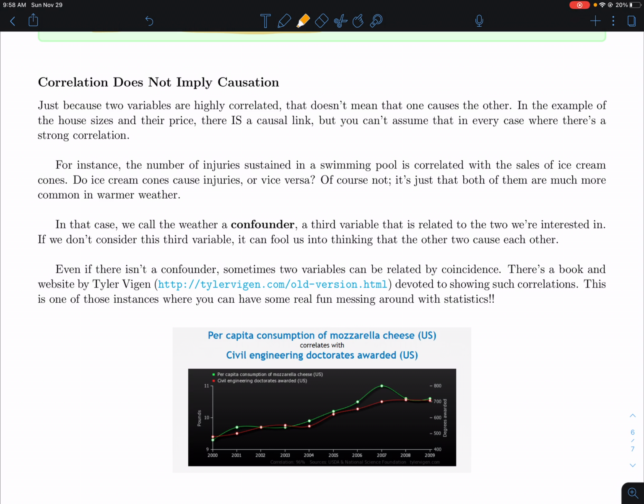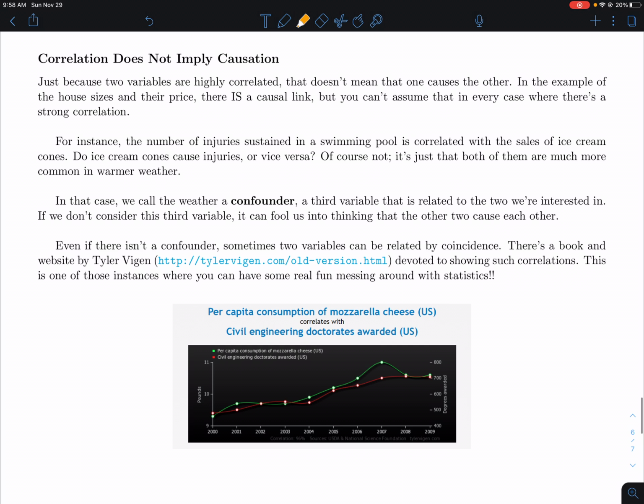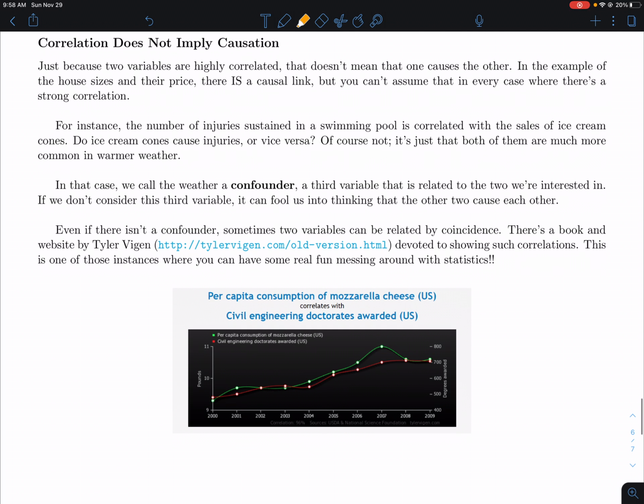But for example, there's one guy that's kind of going off the rails, and he has this whole book about how things are related that actually aren't related. I put the website on there if you wanted to go and look around because some of them are kind of funny. This is one of them that I took off the website. Basically, the input variable is the consumption of mozzarella cheese, and it correlates with the number of civil engineering doctorates that are awarded.